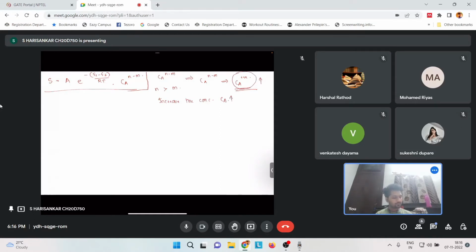So if Ca increases, Ca raised to N minus M also increases, and this means selectivity also increases for the case if N is greater than M. But let's say N is less than M. In that case Ca raised to N minus M will be Ca raised to a negative number, because M is greater than N. If this is the case, then to increase the selectivity, we decrease the concentration of A. So if Ca decreases, Ca raised to N minus M will increase, and selectivity will also increase, right?